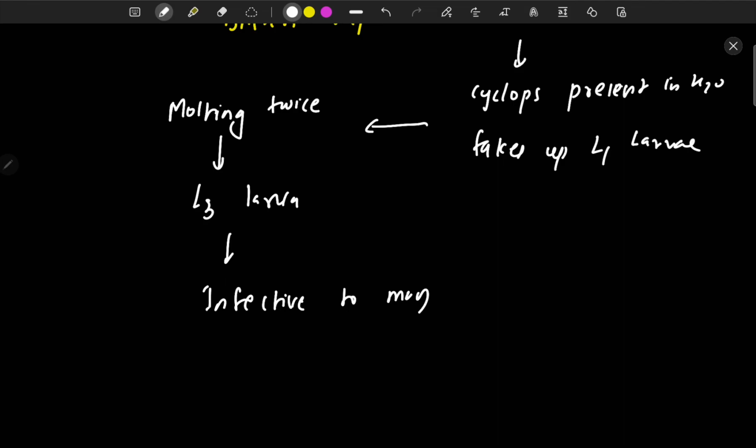One more point to remember is that the signs and symptoms appear approximately 1 year after infection, when the gravid adult female worm emerges near the skin surface.